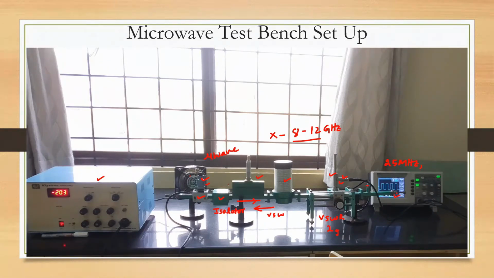Now you might be wondering why we have connected a signal to a CRO which is a square wave, since a microwave signal of 8 to 12 gigahertz cannot be visualized using this CRO, but we are showing a square wave. For this there is a reason.